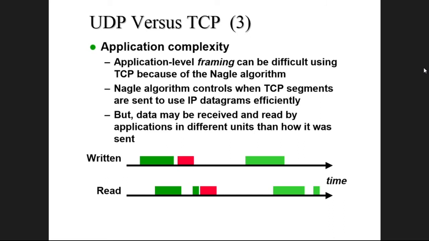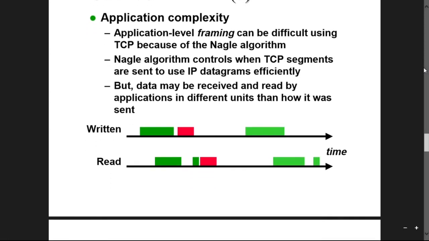This is the diagram for the user datagram protocol. You can write the data in some way and the data can be read in some different way. So this is the third point of the difference between UDP and TCP.